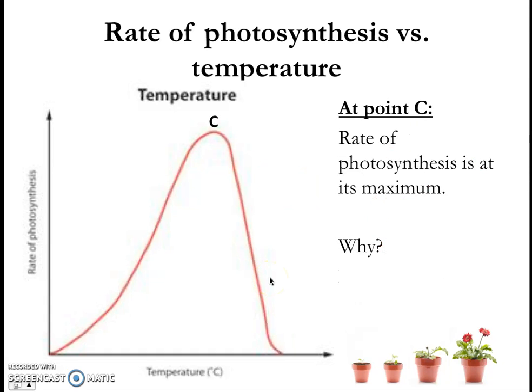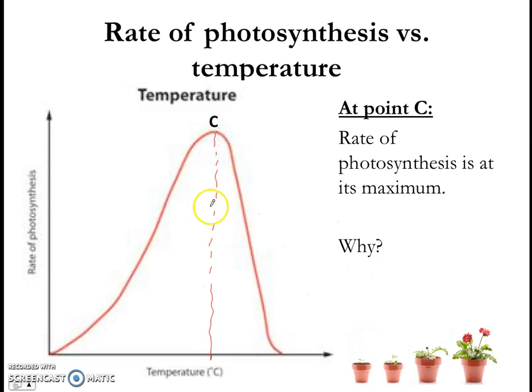Now at point C, the rate of photosynthesis reaches its maximum. Now remember what we call this temperature? The temperature where there's the maximum rate of reaction. It's called the optimum temperature. So why is that the case?